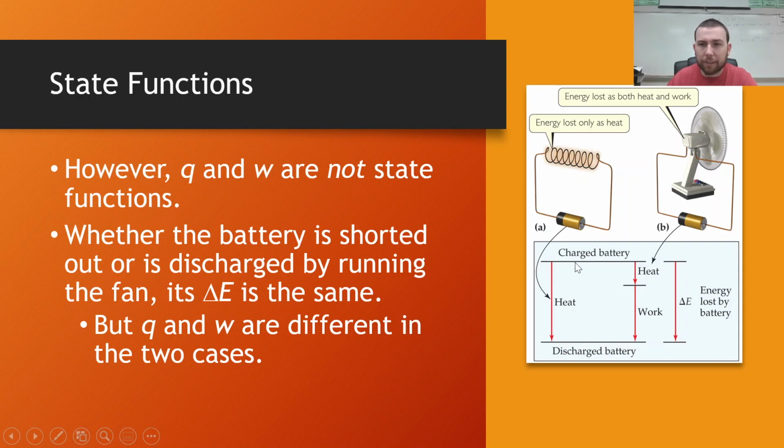Now, with the battery, it's still lost the same amount of energy, right? Because the path, it still ended at the same point. But the way we got there was unique. And so keep that in mind, that although internal energy is a state function, Q and W are not.